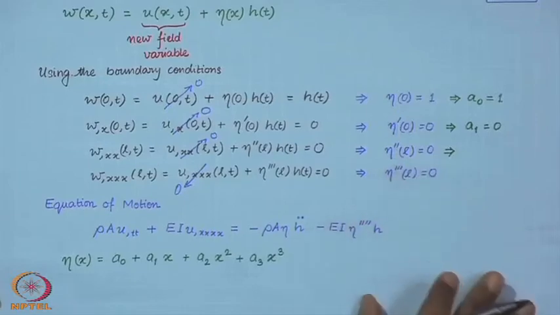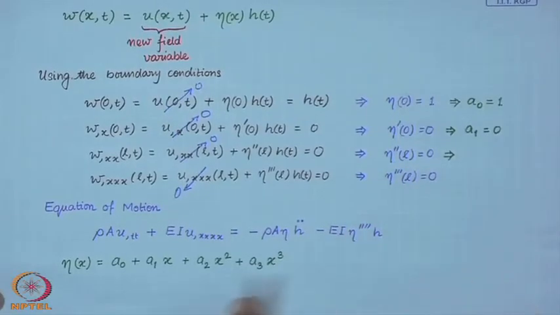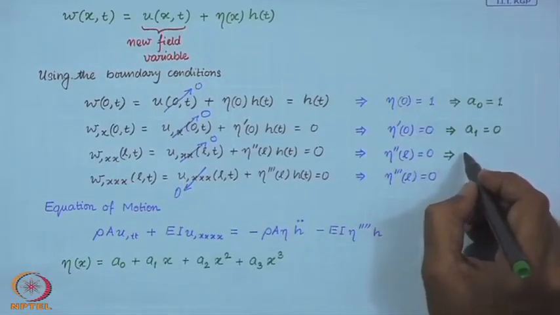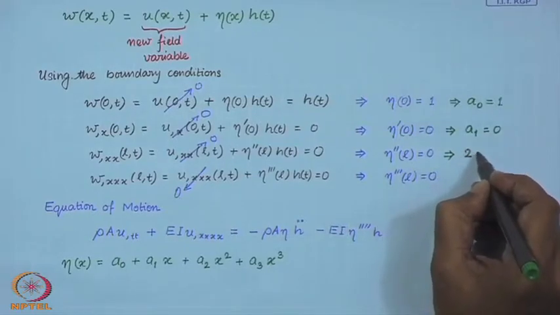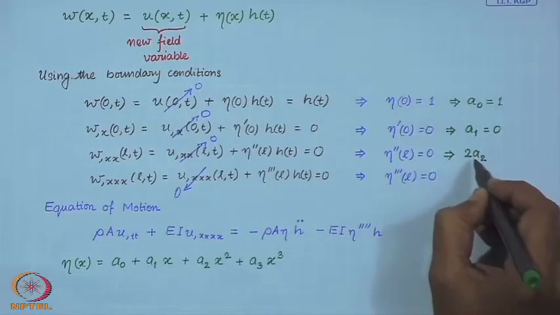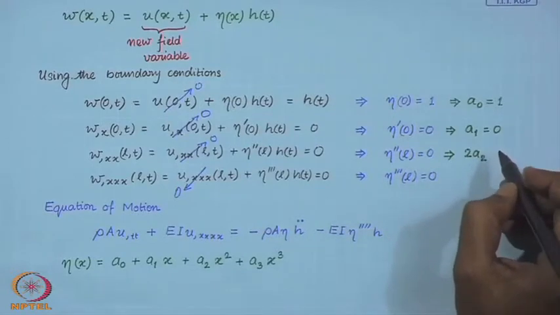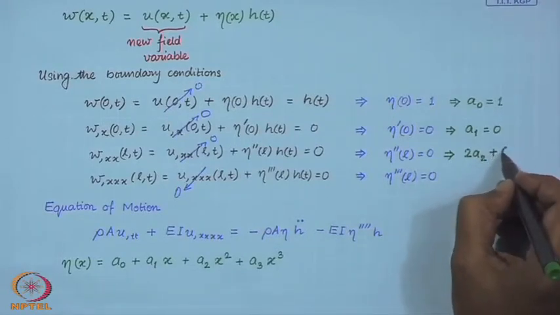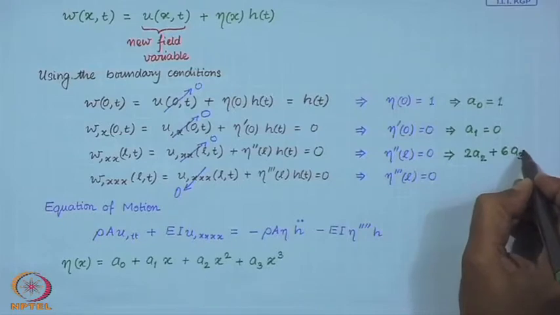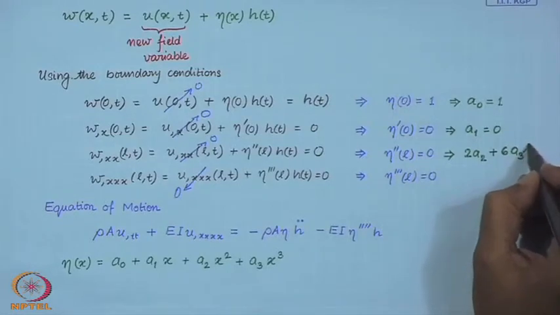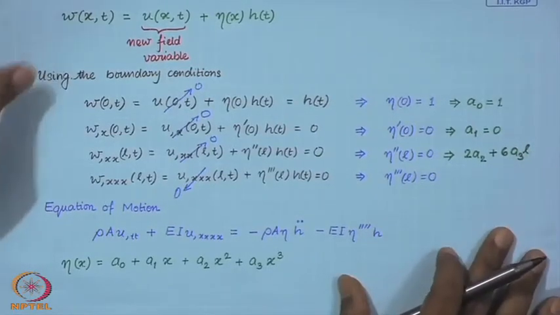Eta double prime L, if that is to vanish, then twice A 2 plus 6 A 3 L must vanish.